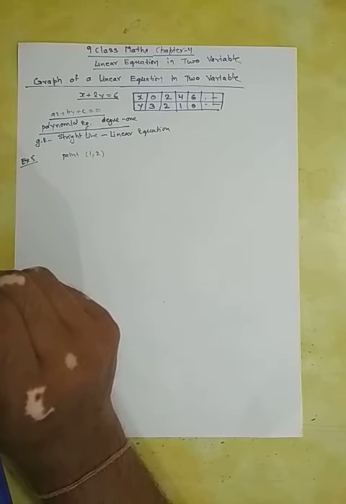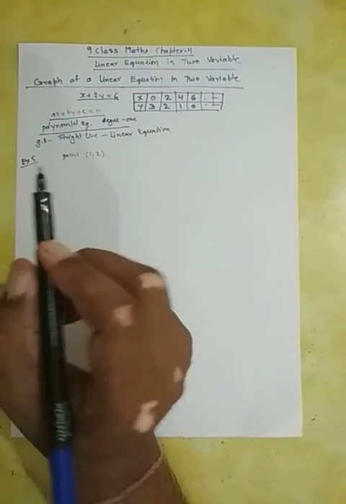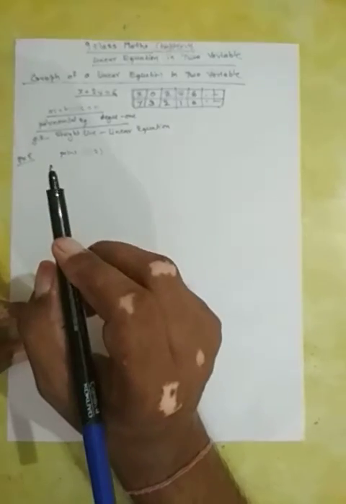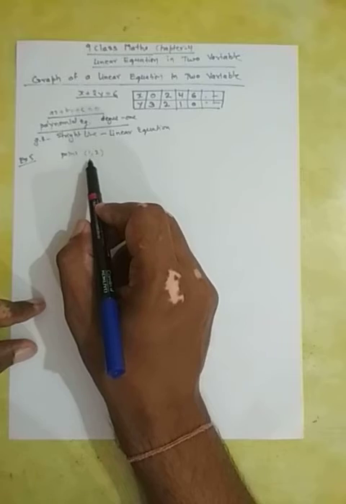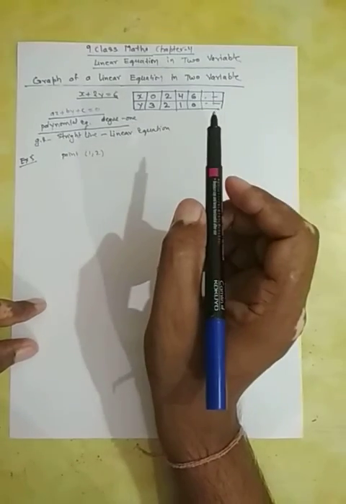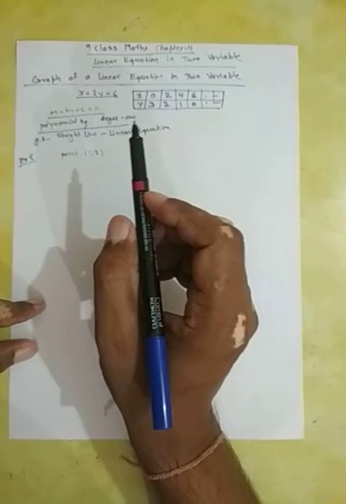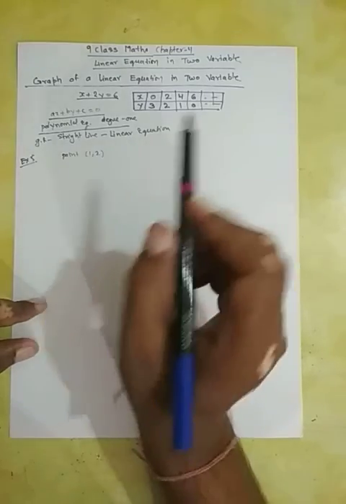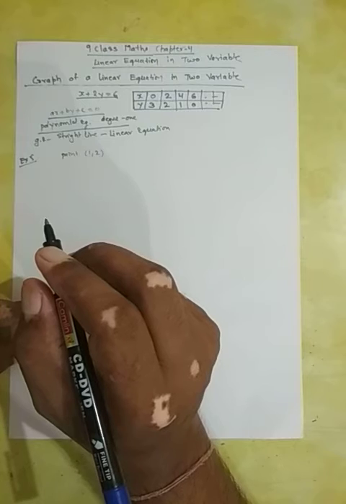A linear equation has solutions. Suppose solution is 1 and 2, so 1 and 2 satisfy the linear equation. Then we tell this point is a solution of that linear equation.